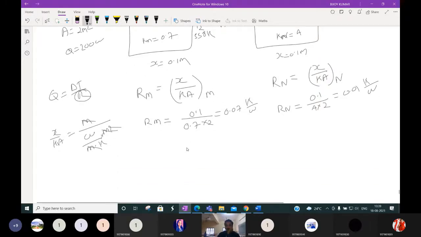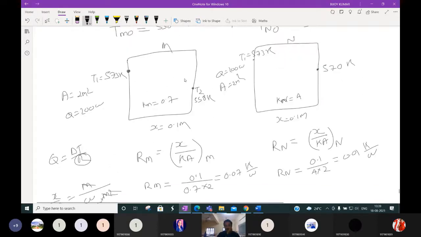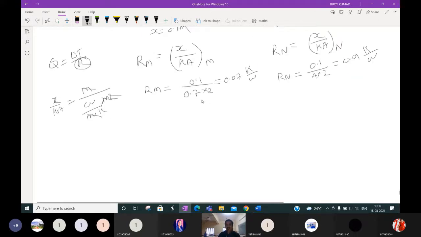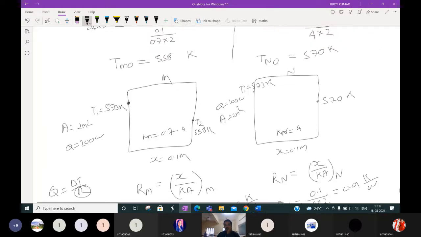So what we observe here, in both the two walls, all things are the same. The only difference is the Km value here is less and the Kn value is higher. It is 0.7, it is 4.